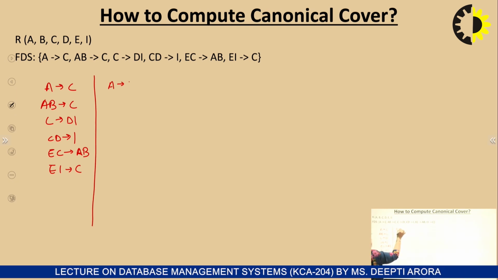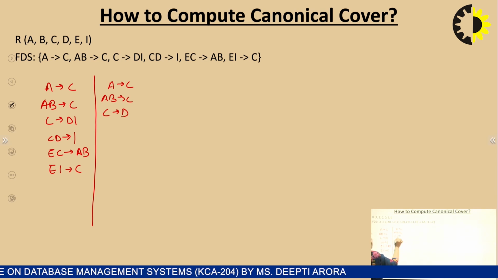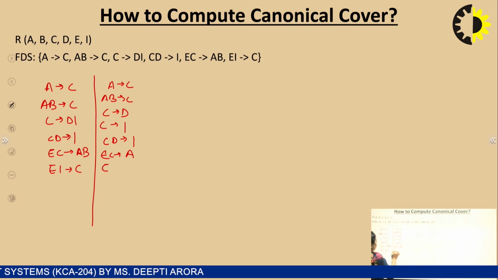A determines C, AB determines C, C determines D, C determines I, CD determines I, EC determines A, EC determines B, and EI determines C.